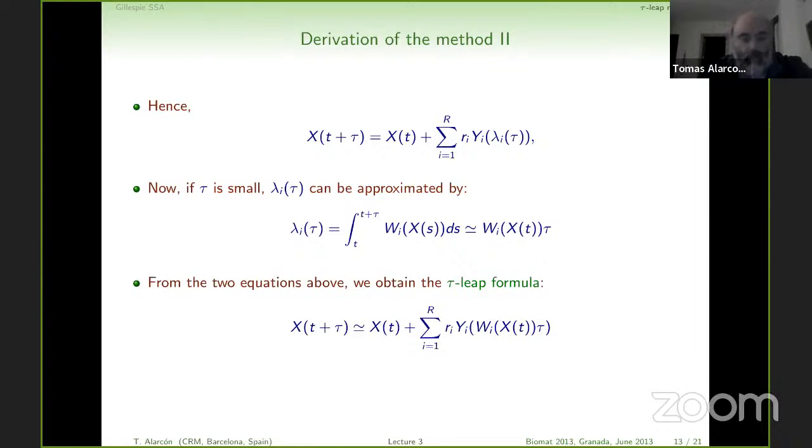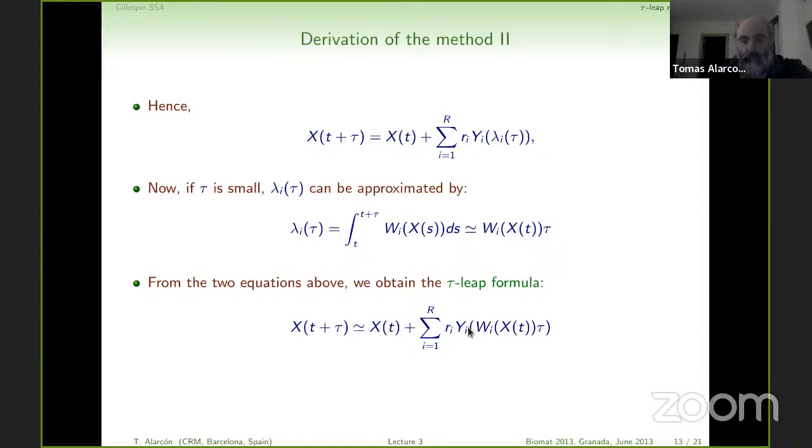So from these two equations here, we obtain the tau-leap formula, which is this. If we assume that we know tau, we know everything, because we know x of t.